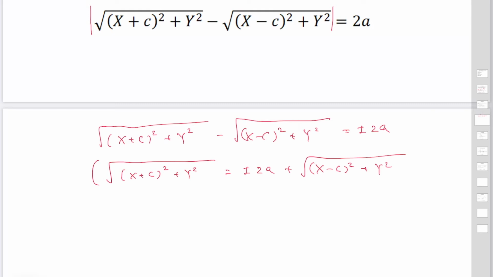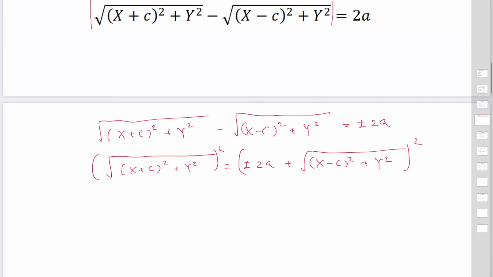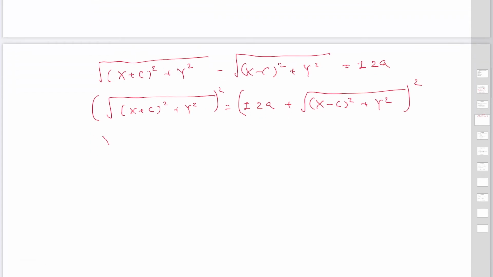Then take squares on both sides. Then the left hand side becomes (x plus c) squared plus y squared. The right hand side becomes 4a squared plus (x minus c) squared plus y squared plus or minus 4a times the square root of (x minus c) squared plus y squared.